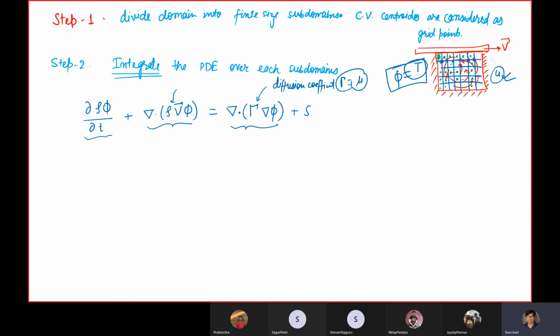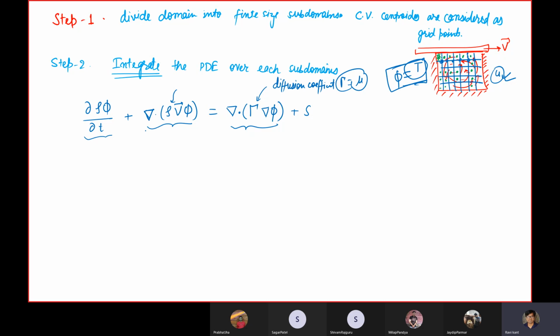These two, gamma and rho, are properties of your flow scenario. And phi is your dependent variable, and t is time, and obviously this divergence is in a more generic sense.